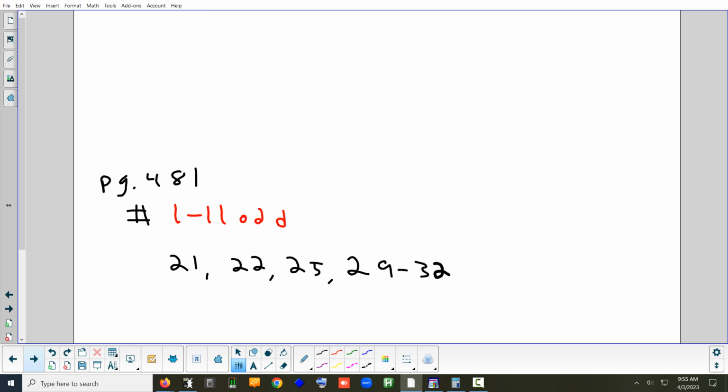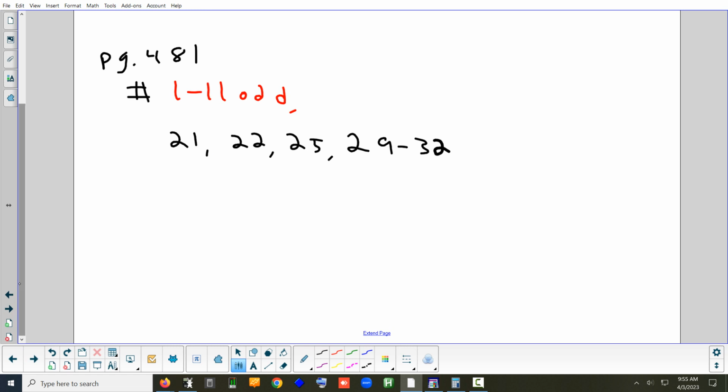You can do the sketch on the calculator, but please copy the sketch down on a piece of paper so I can see it. So it's 1 through 11 odd, and then 21, 22, 25, and 29 through 32. We'll take a look at that tomorrow.